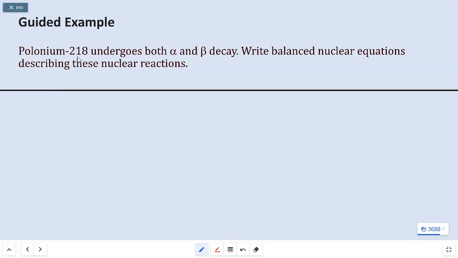So we need to start with polonium-218. Polonium is element number 84.